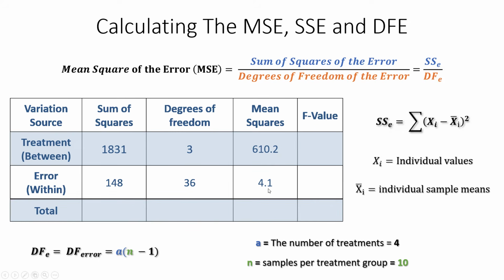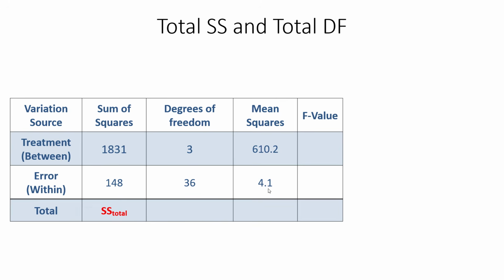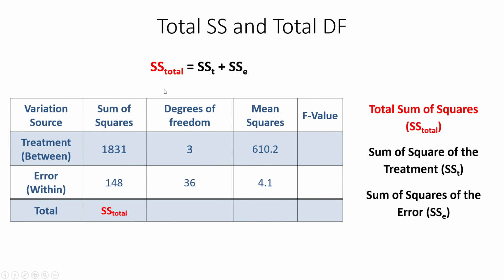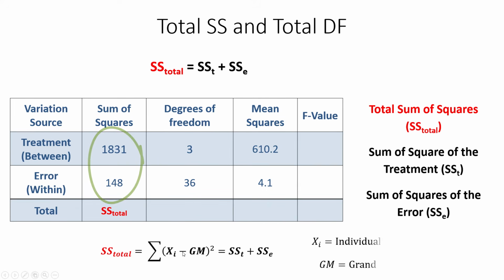Now, before we calculate the F value for this particular situation, we have to talk about two other data points. The first is called the total sum of squares, okay? There are different ways to calculate this, but the total sum of squares is equal to the sum of squares of the treatment plus the sum of squares of the error. You can also calculate this using your raw data.